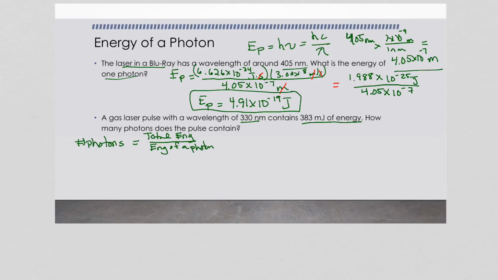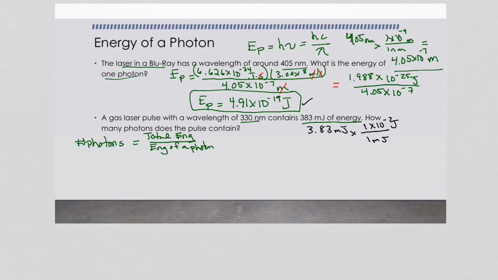Okay, so what do we know? Well, we already know the total energy. The key here is that we want to be in units of joules, because when we talk about the energy of photons, we do it in joules. So the first thing we need to do is convert this into joules. Remembering my metric system, 1 millijoule is 1 times 10 to the minus 3 joules.